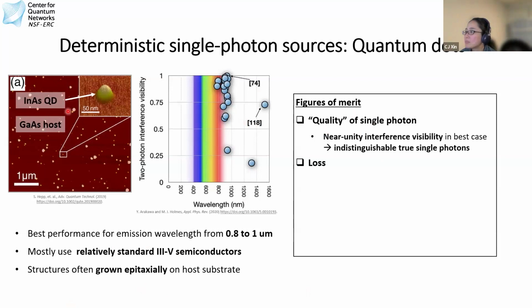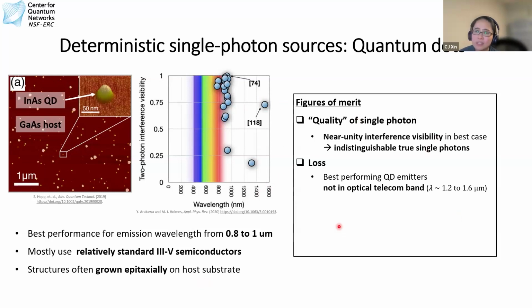But as you can see from this plot, actually, the best performing quantum dots are not in the optical telecommunications band. And in fact, the ones that are way over in the optical telecommunications band, well, first of all, there are only two, and they don't look so great. And then how about scaling?